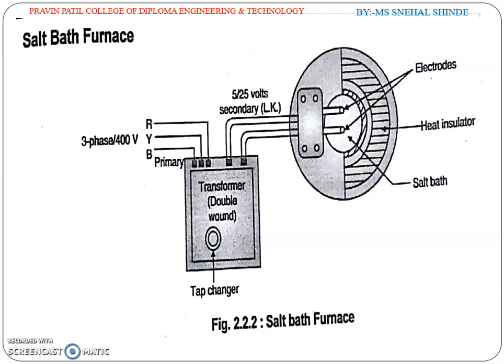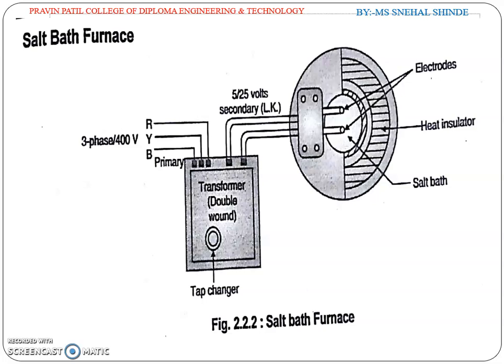The salt in solid state is put in the bath. In the solid state, it is an insulator. So initially, some molten salt is poured to start conduction of the current. If the molten salt is not available, then a separate arrangement is used to heat the salt in solid state between the electrodes.